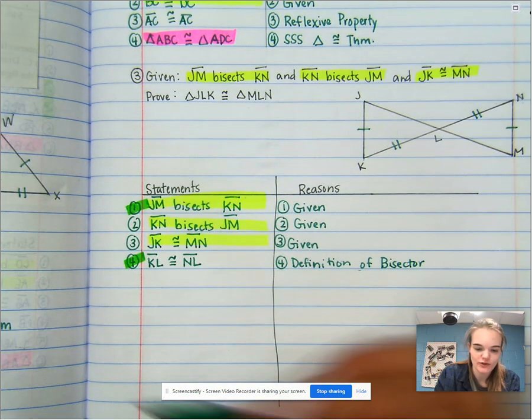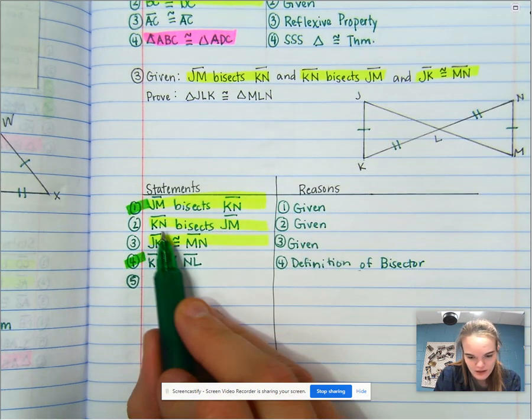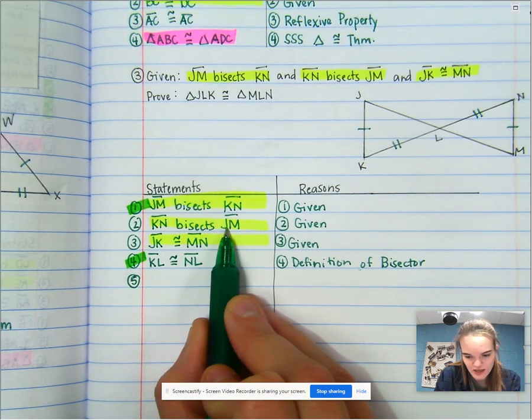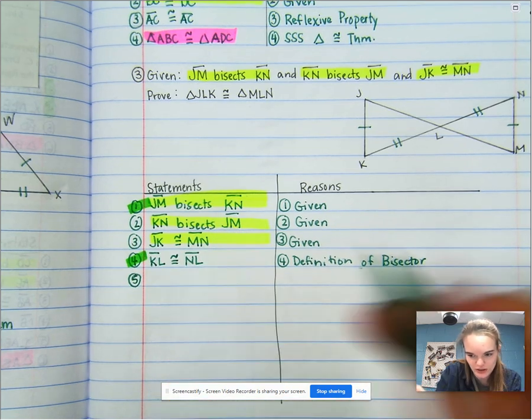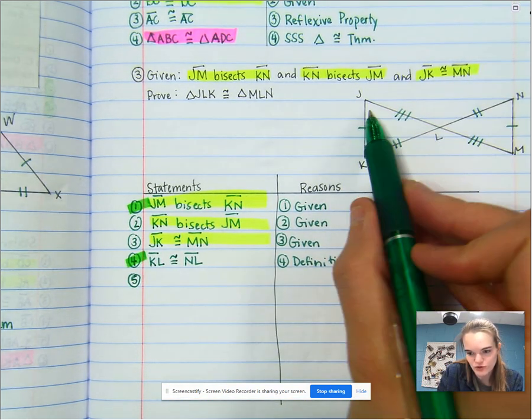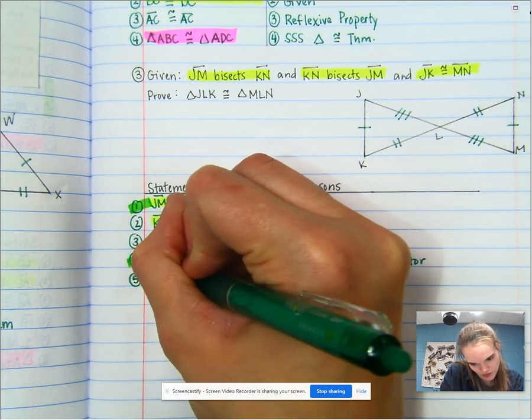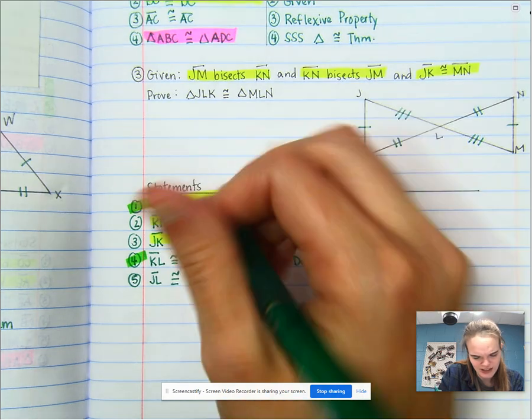Number 2, we're going to use that one for 5. KN bisects JM. So JM is cut in half. So JL is congruent to ML.